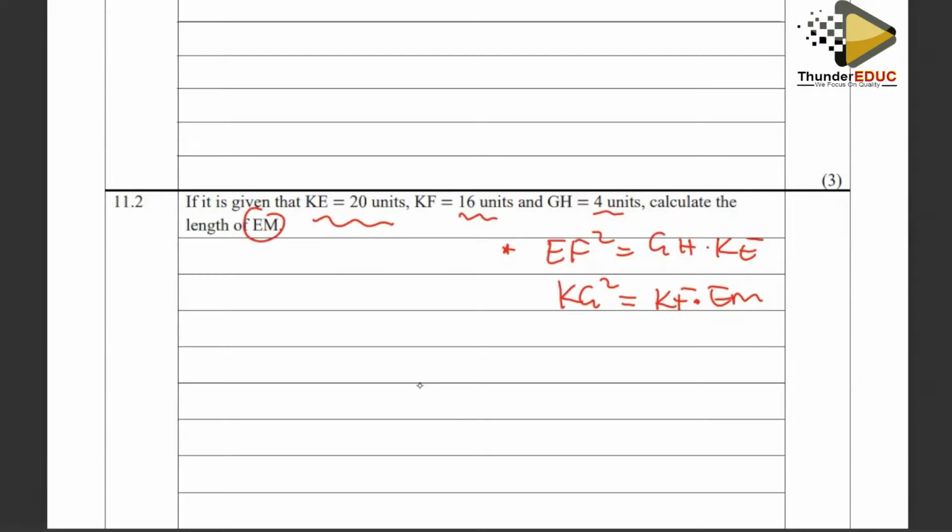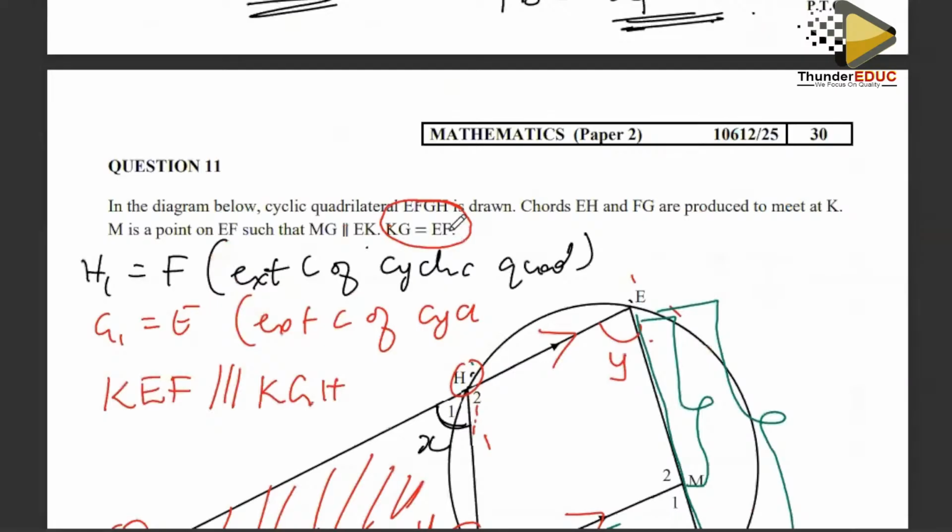So let me start by looking for the EF, since I have my GH, I have my KE. So EF squared is going to be 4 multiplied by 20, meaning that EF squared gives us 80. But we know that EF is the same as KG from the first part.